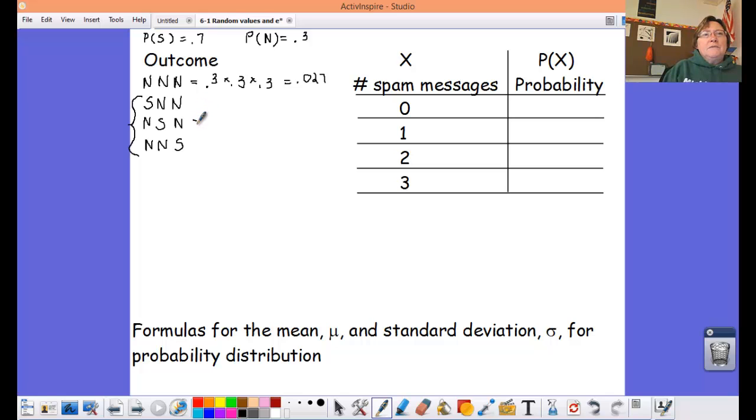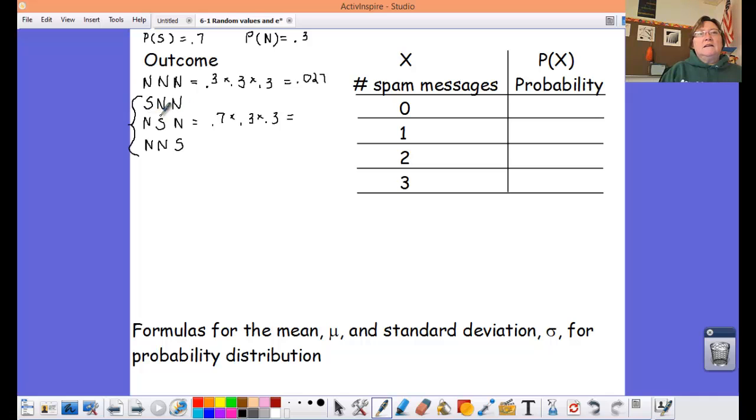So let's see, we get one spam message, which is a 0.7. We get 2 good messages, which are 0.3s. And if you think about that, folks, those same numbers work here too: 2 good messages, 1 spam, 2 good messages. Yeah, it's the same probability for all 3 of these particular outcomes.